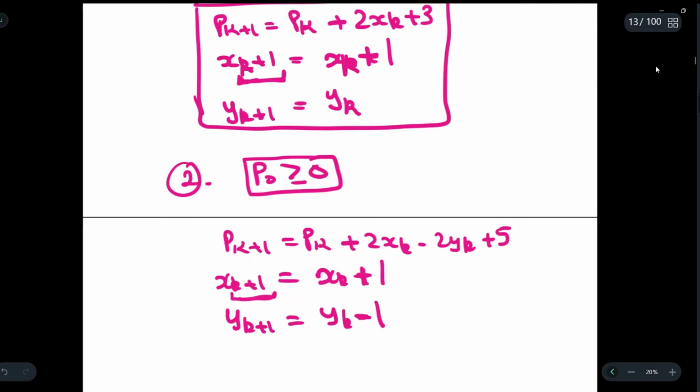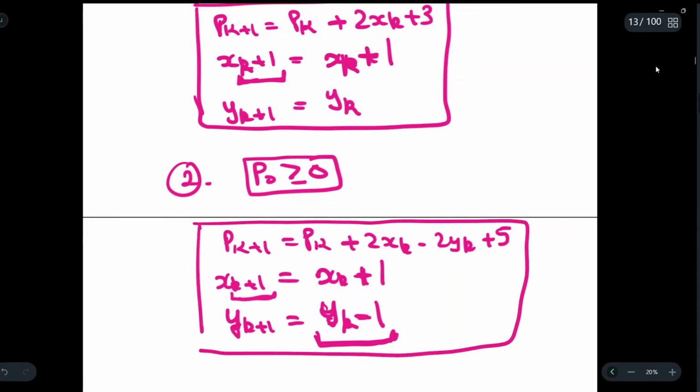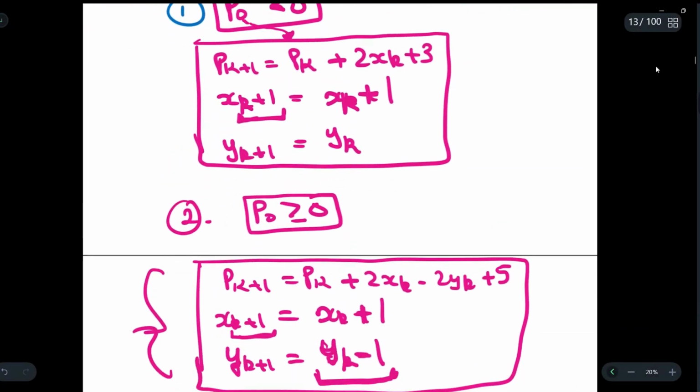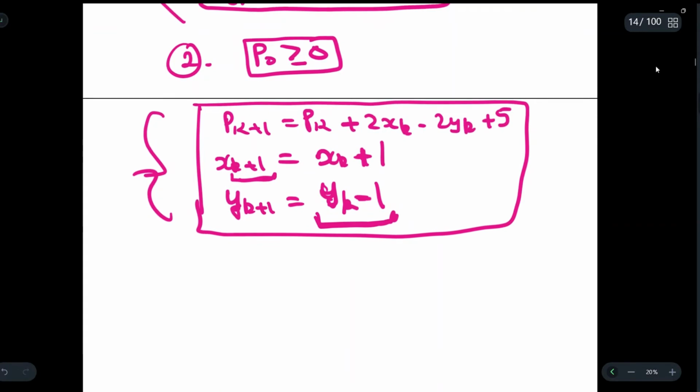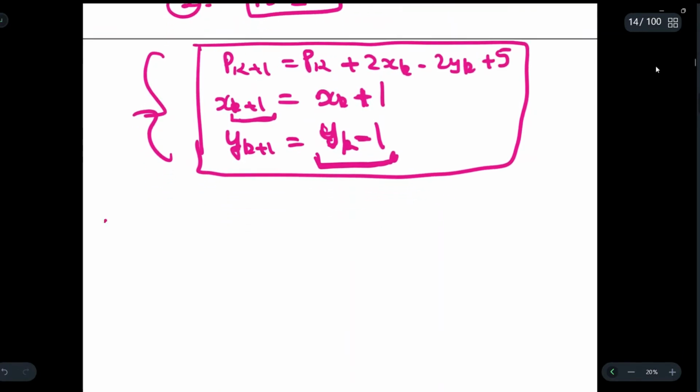That is, this is not in the subscript, we are subtracting 1 from yk, and that is the next y coordinate we have got, yk minus 1. So these are the three formulas which you have to remember whenever the value of p naught is greater than or equal to 0, and these three formulas are important whenever the value of p naught is less than 0. So these are the most important steps. Now we will come to step 4.